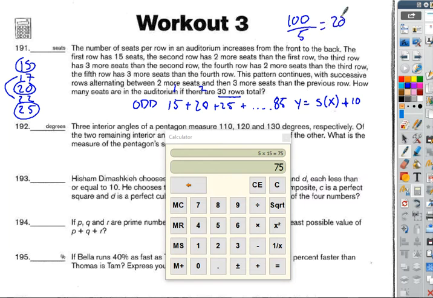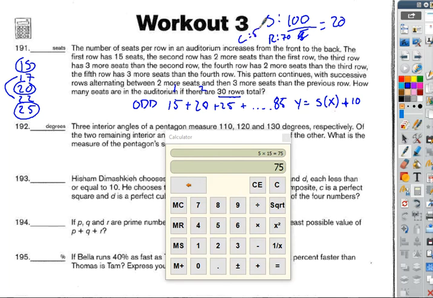We're dividing it by 5 because, oh sorry, we got to do the range. So 85 minus 15 is 70. So this is the sum, and the range is 70, and the counting number is 5.